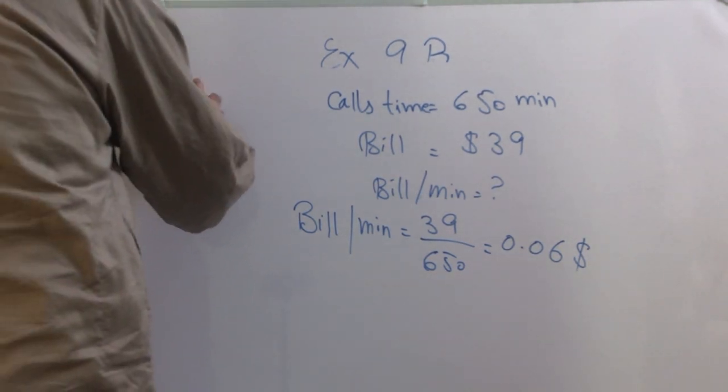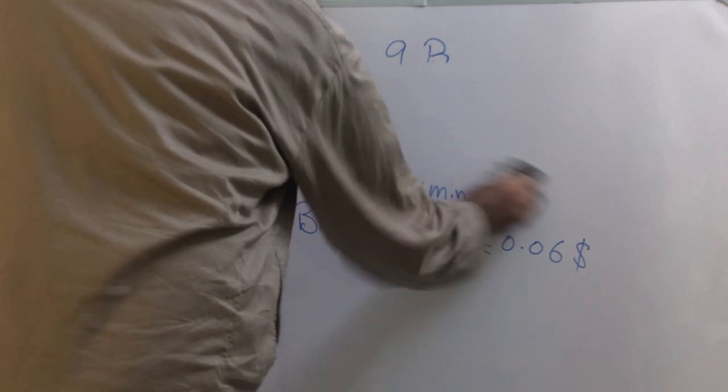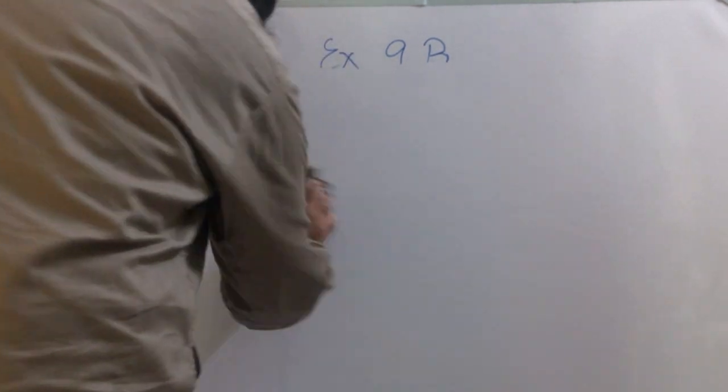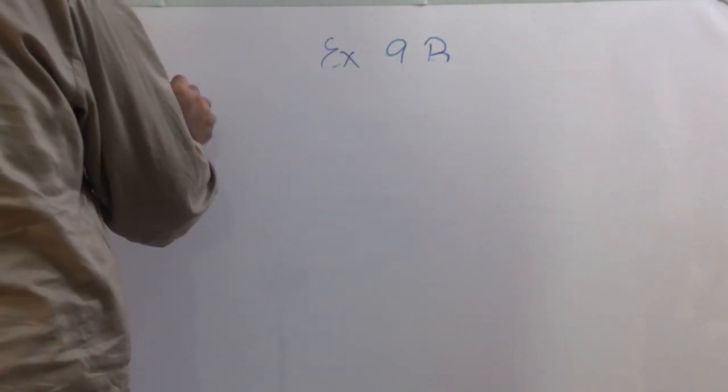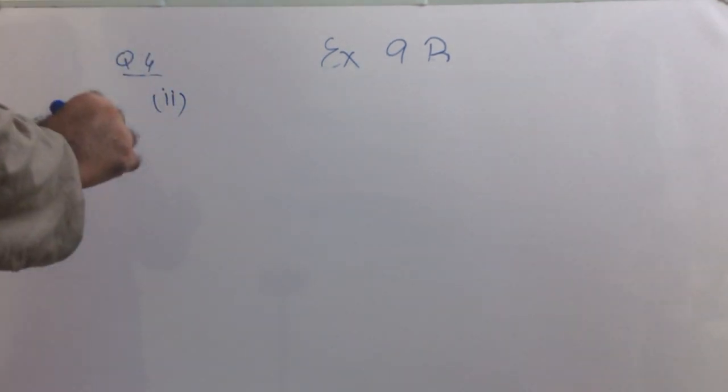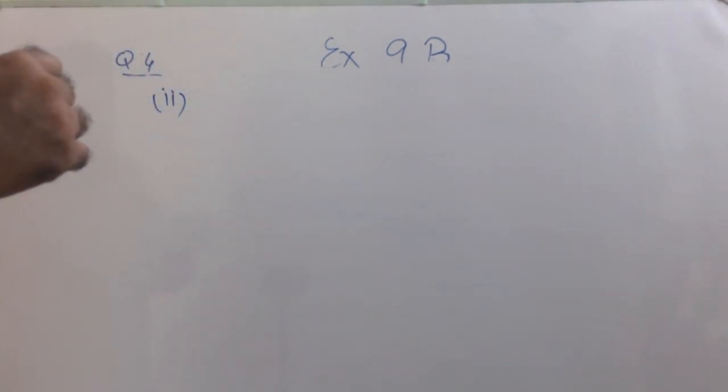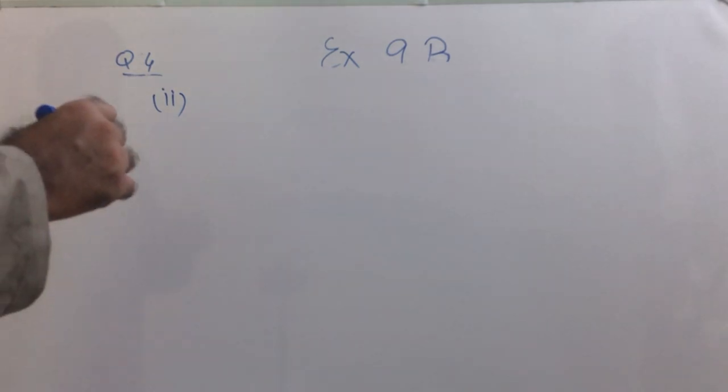Now we'll be moving to part 2. Part 2 says the amount he has to pay if he makes 460 minutes of outgoing calls.